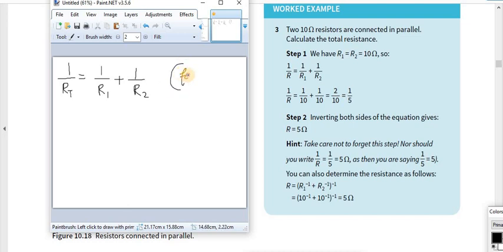Okay, so this is for 2 resistors connected, or we can say 2 resistors in parallel.